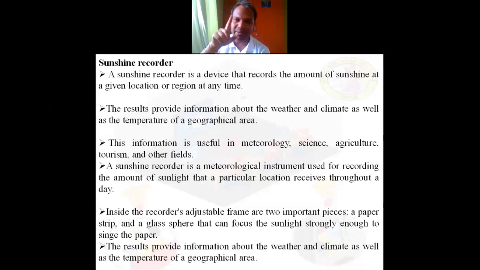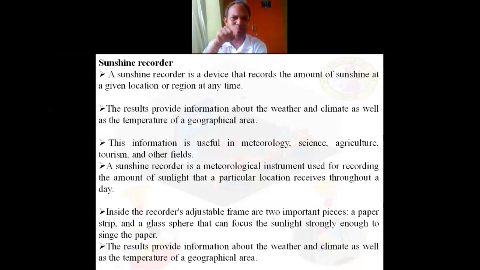How is it possible? They give a graphical representation of the severity of that earthquake. Similarly, there will be a paper and a glass sphere. Here also, the sunshine recorder will tell you what the sunshine was in the morning and how it kept varying. Something like this.